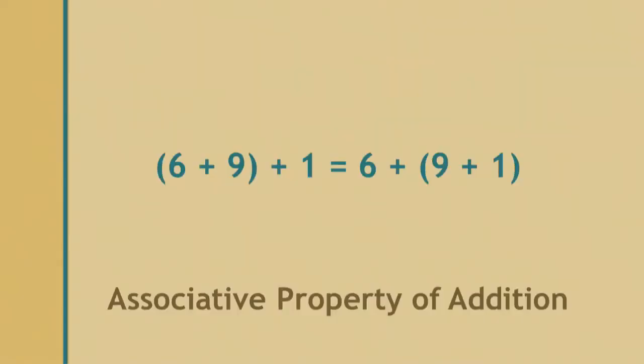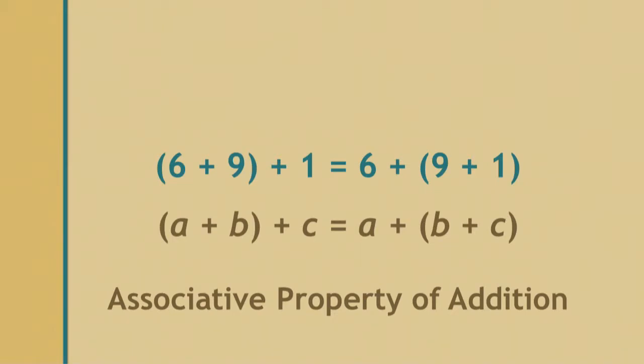Now the big question here is this. Will it always be true if we are adding up the same 3 numbers and we group them differently with parentheses so that different pairs are added first, that we will always get the same sum? And the answer is yes. And we call this the associative property of addition. Because it will always be true, we can show this one with variables as well.